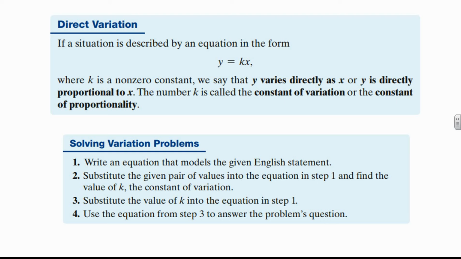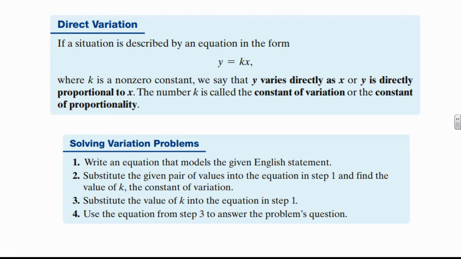It may be the housing market varies directly with inflation. It could be direct comparison or indirect comparison, but you could say the housing market varies directly with inflation. So whatever you represent the housing market, let's say H, and if that's directly related to inflation, let's say I, you would say H is equal to some K times I. That's how you would write that.